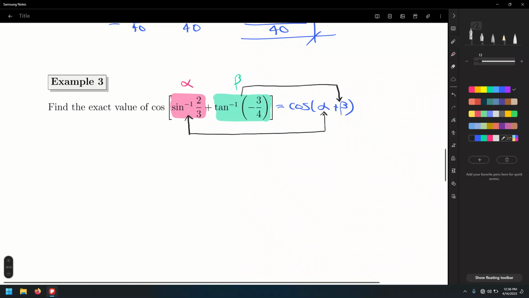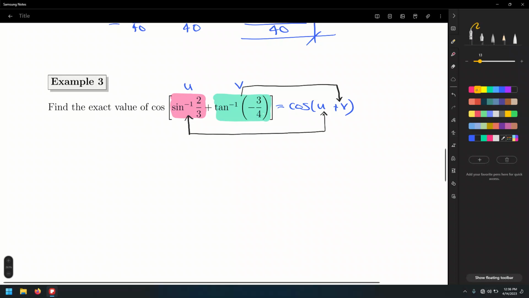And I'm going to write a couple of expressions on the side. Number one, well, actually not alpha, not beta. Actually, never mind, it's u and v. Cosine of u plus v.